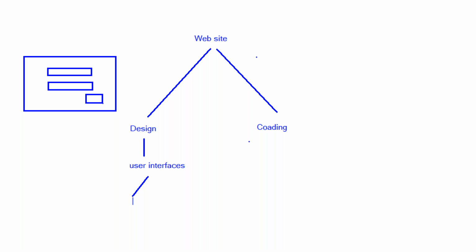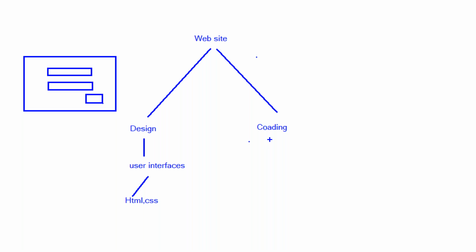What are the technologies we are using to work with this? HTML, next one, CSS. These are the technologies along with Bootstrap. Means to design the web pages we are using HTML, CSS. That is designer's work.